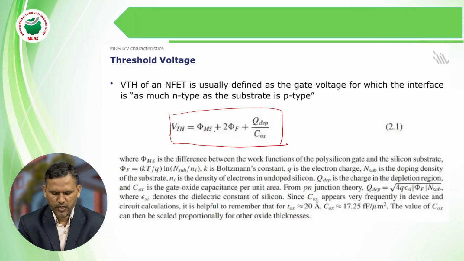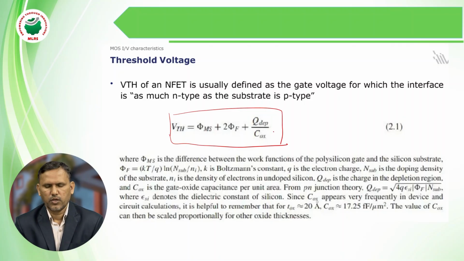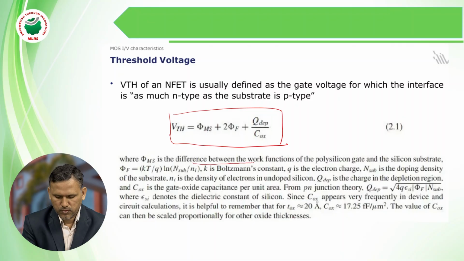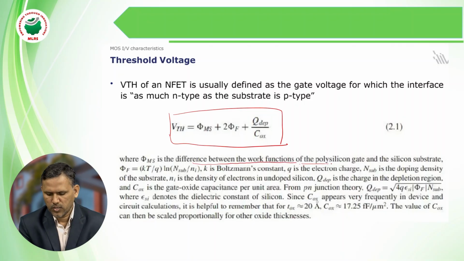Threshold voltage VTH equals phi MS plus 2 phi F plus Q depletion by COX, where phi MS is the work function difference between the polysilicon gate and the silicon substrate.